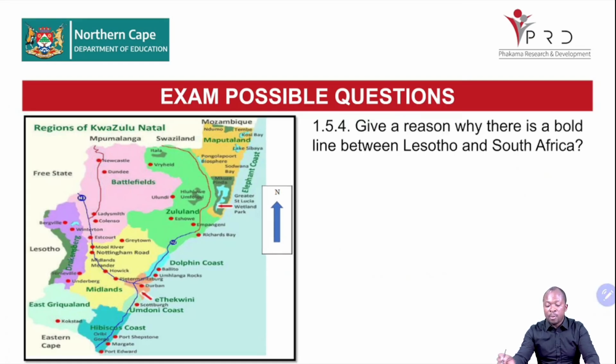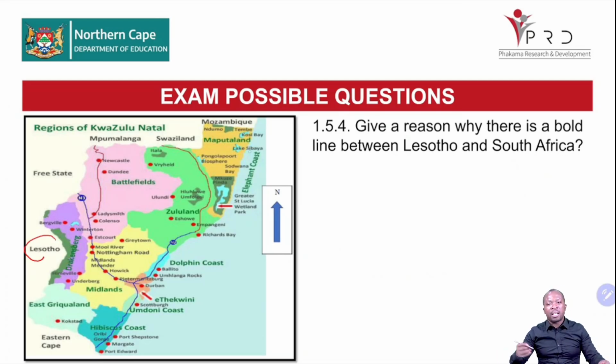And then the next one will be, give a reason why there is a bold line between Lesotho and South Africa. So if we check this Lesotho, and then we have South Africa. The question is, why is there a bold line? Remember, Lesotho is a country on its own. So we use it to show that that's a boundary for countries.